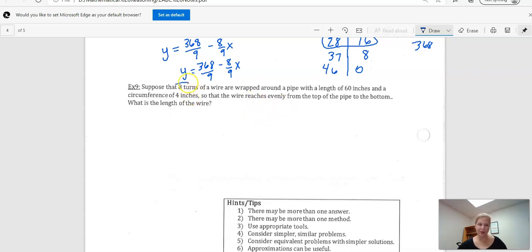So let's start with this. We're taking a wire and we're taking it around 8 turns. So I'm going to draw this out really quick. So basically we've got a pipe. We're taking this wire.